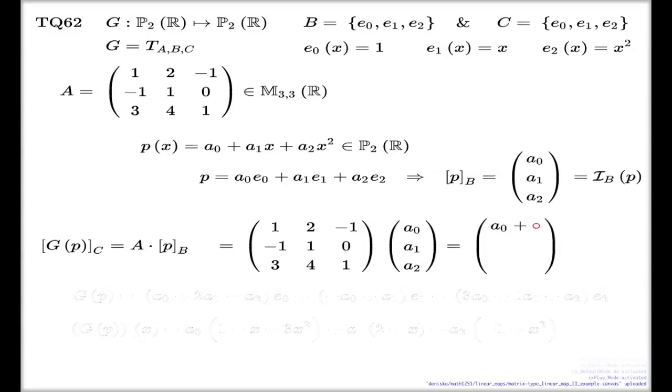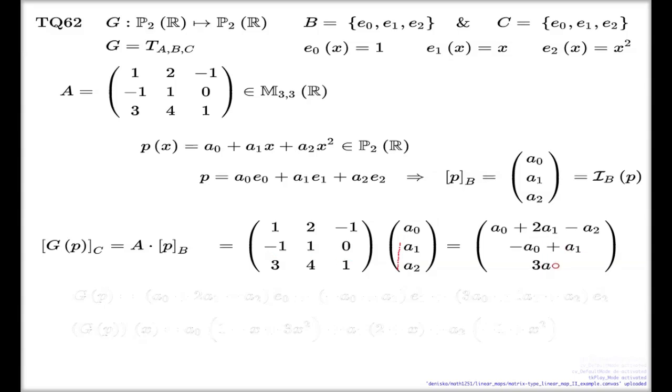It will be a matrix of size 3 rows, 1 column. I take the dot product of the first row with the column: it will be A0 plus 2A1 plus A2. The second dot product is the second row with the column: negative A0 plus A1.